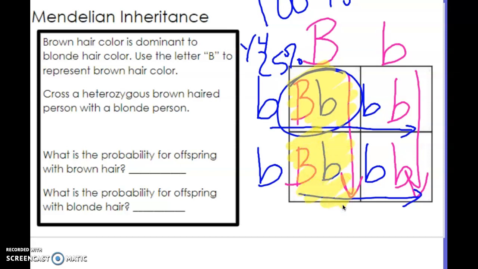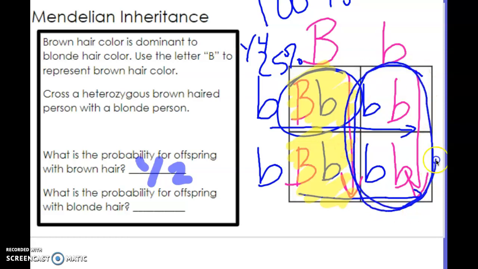So 2 out of 4 would leave us with a probability of 1/2. All right, the probability for an offspring with blonde hair, on the other hand, are only these two. Once again, 1/2. All right, so it is 50% probability that the baby will have brown hair and a 50% probability that the baby will have blonde hair.